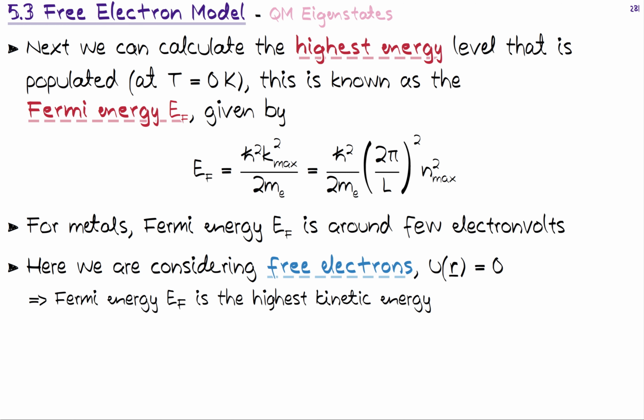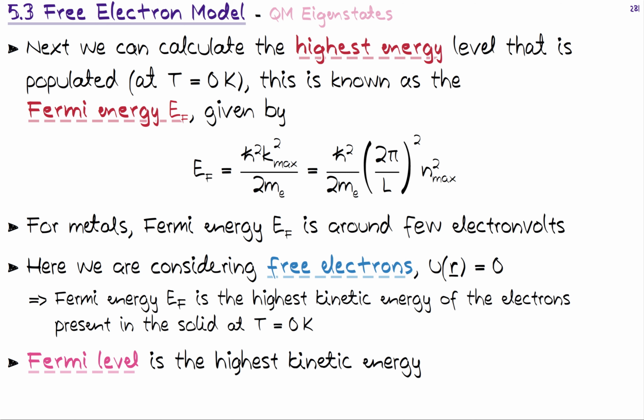And what this Fermi energy EF really means is that it is the highest kinetic energy associated with a single electron present in the solid. And please remember, we are speaking of the Fermi energy, so we're dealing with 0 Kelvin temperature. So this is the ideal case where we don't have any thermal energy in the system.